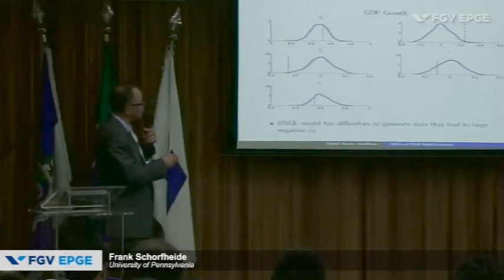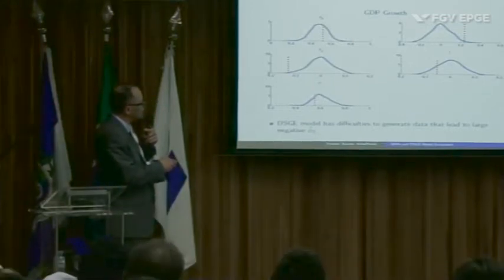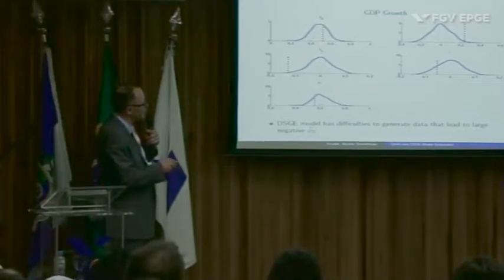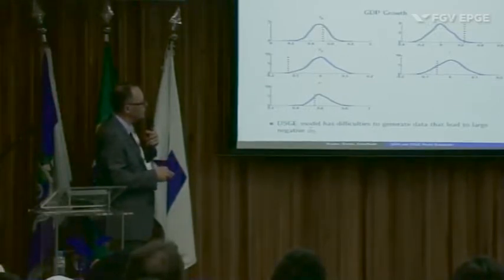So basically, the model can't produce these negative estimates of phi 2.